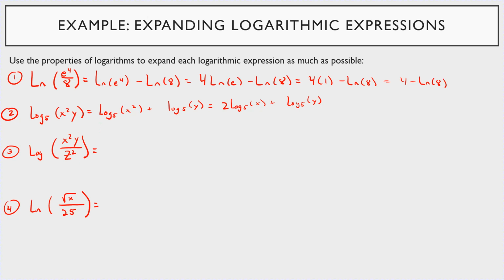All right, so this one first. The first thing you're going to do is break up the quotient. So this is log of x squared y minus log of z squared.